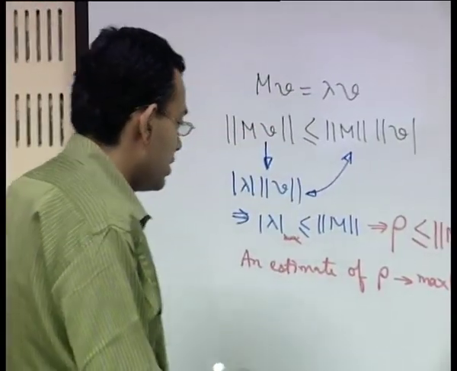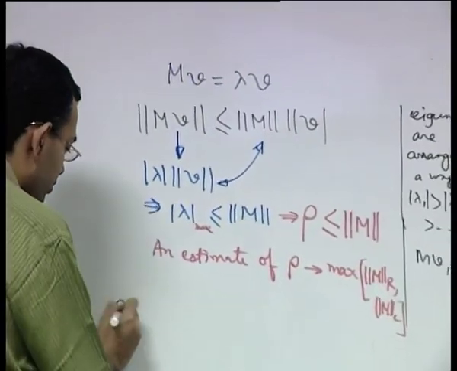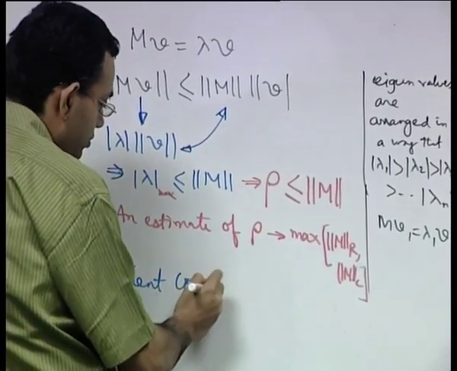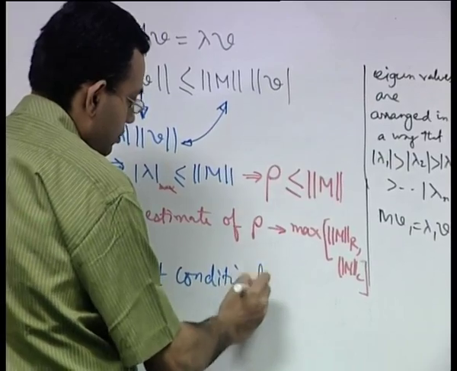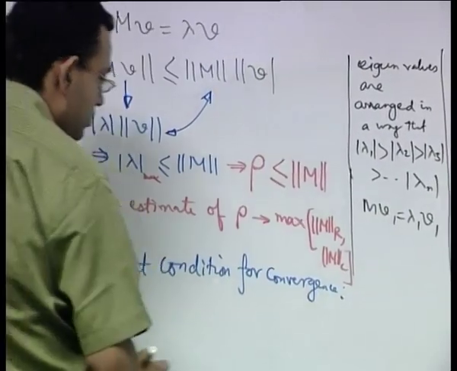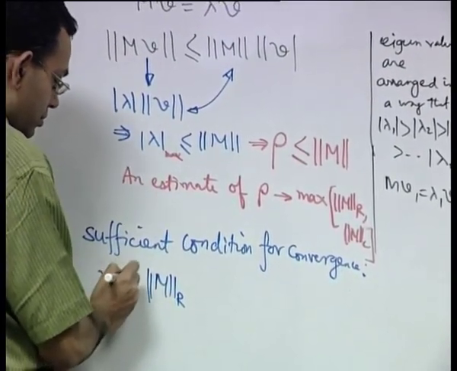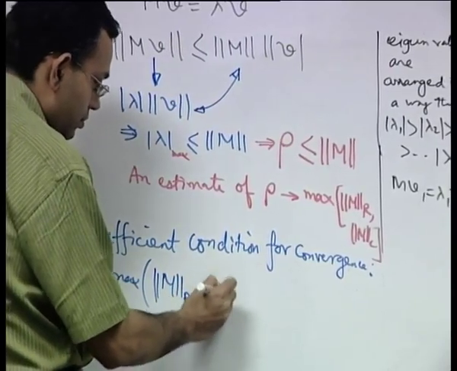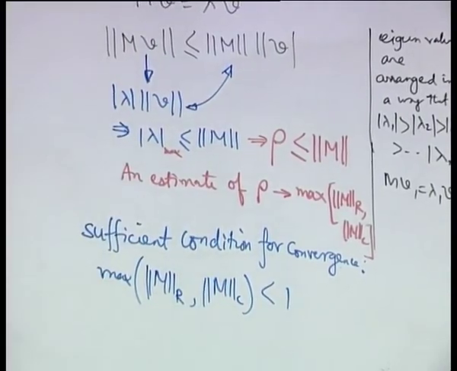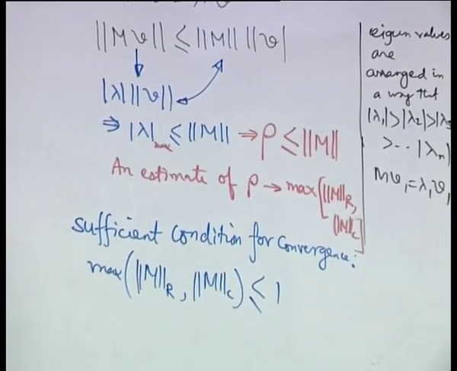So your sufficient condition for convergence boils down to norm of M less than or equal to 1.